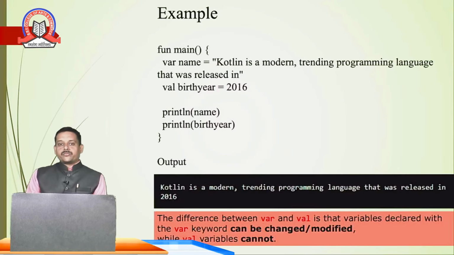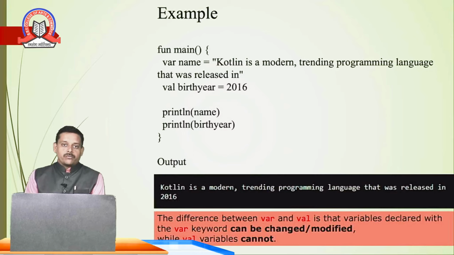So friends, here we have an example for the declaration of the variable. As you can see, we have created a main function by using the keyword fun. Fun is a keyword for declaring a function. Similarly, we have two keywords, var and val, to declare the variables.